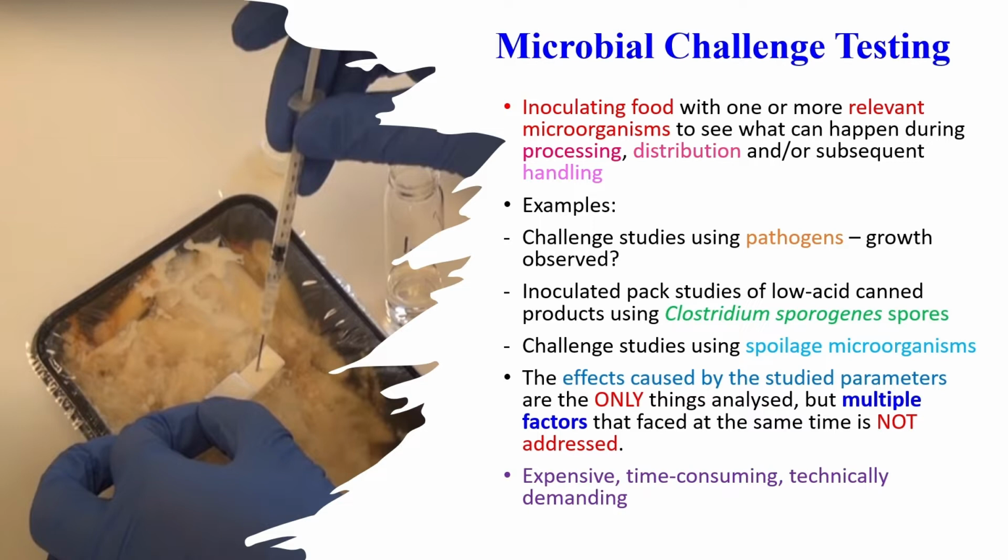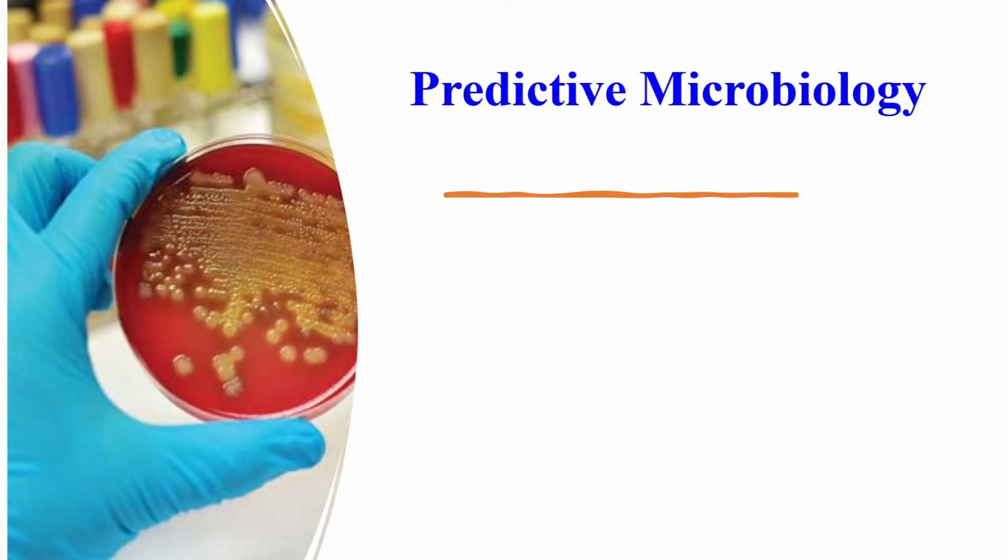And then it is expensive, time consuming, and technically demanding. We need to employ a microbiologist to do it, or you need to send it to an accredited laboratory to do this type of microbial challenge testing.